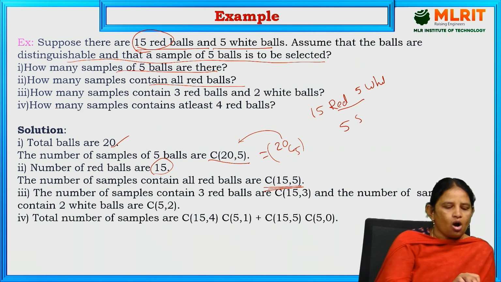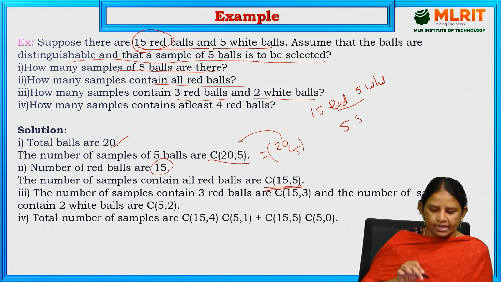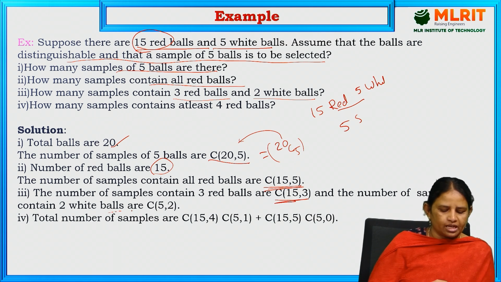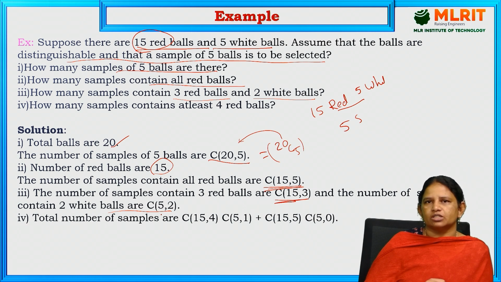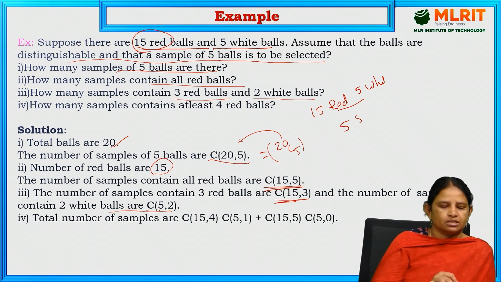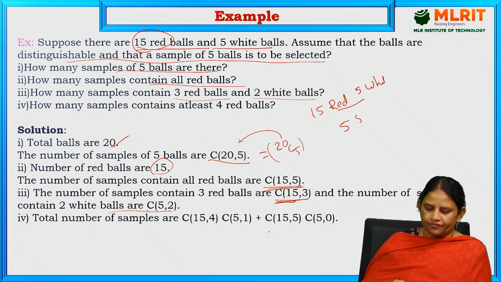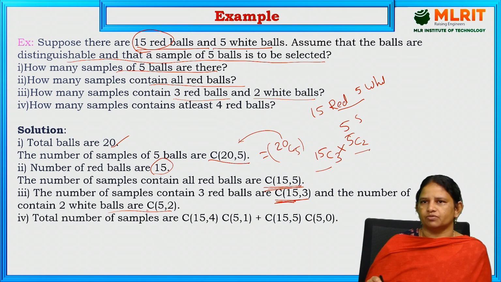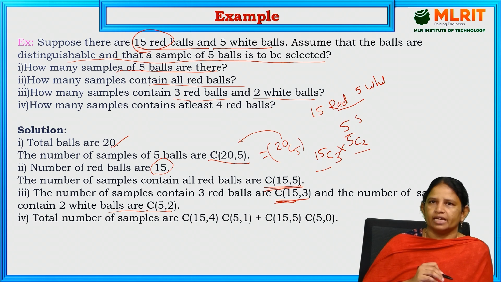Next, how many samples contain 3 red balls and 2 white balls? 3 red balls can be chosen in 15C3 ways, and 2 white balls can be selected in 5C2 ways. And means you have to take 15C3 into 5C2. Find the combination values and multiply them, and that many ways we can get samples of 3 red and 2 white.